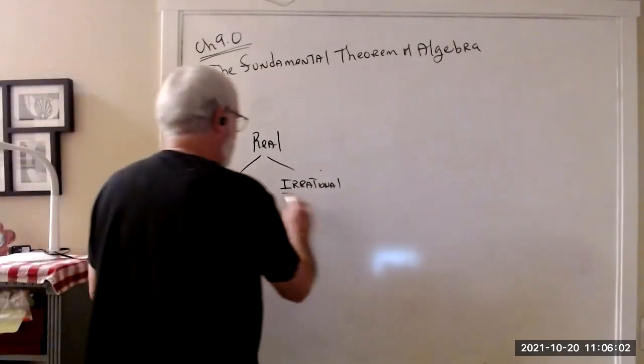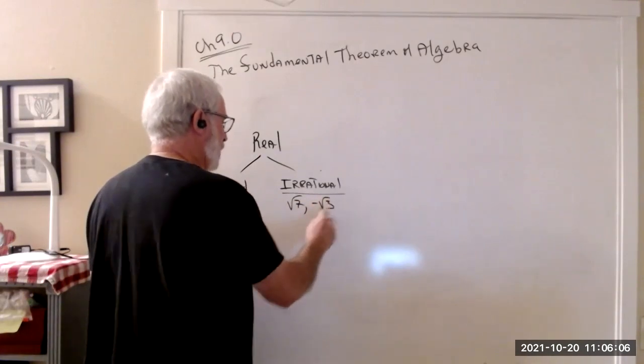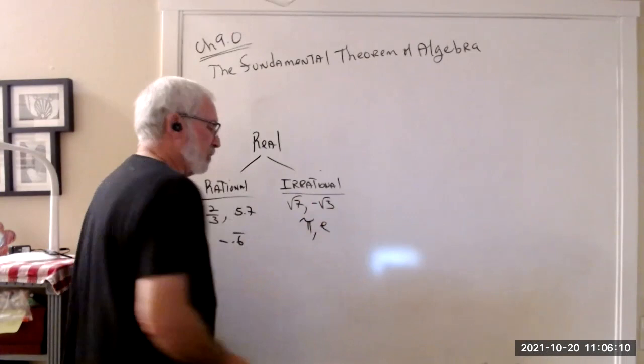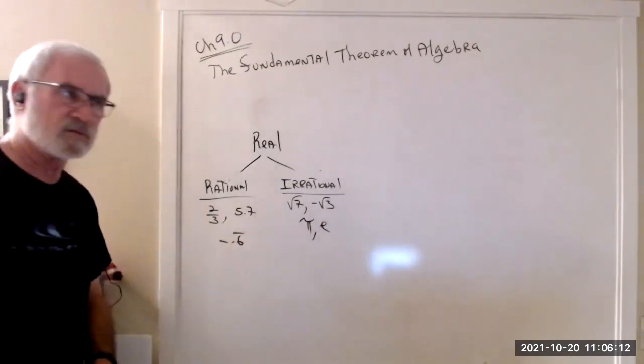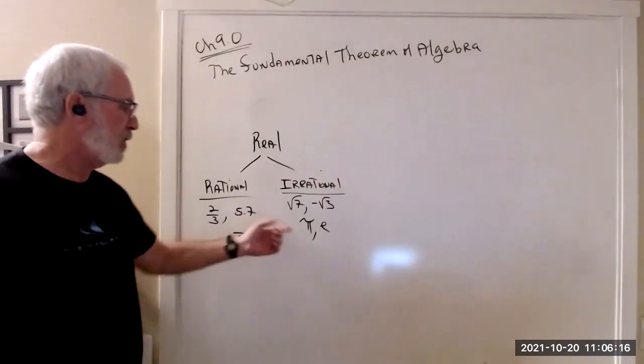Irrational numbers are like the square root of 7, negative square root of 3, pi. Some of you have heard of e. We'll get to those. Those are irrational numbers, and essentially they're decimal numbers.